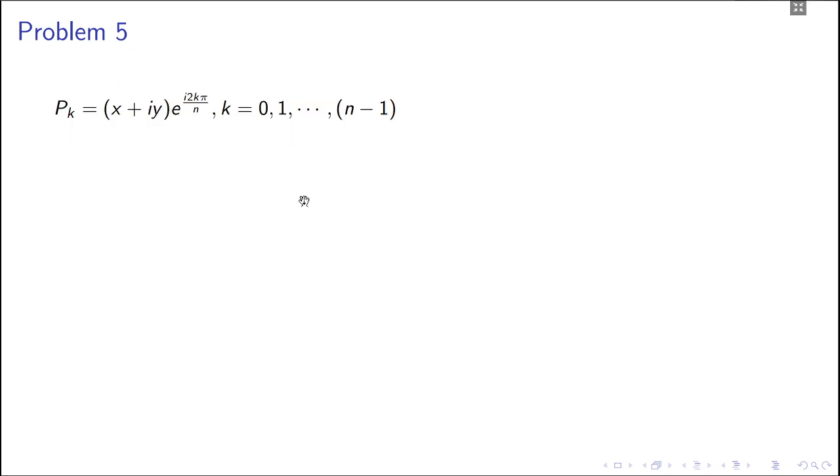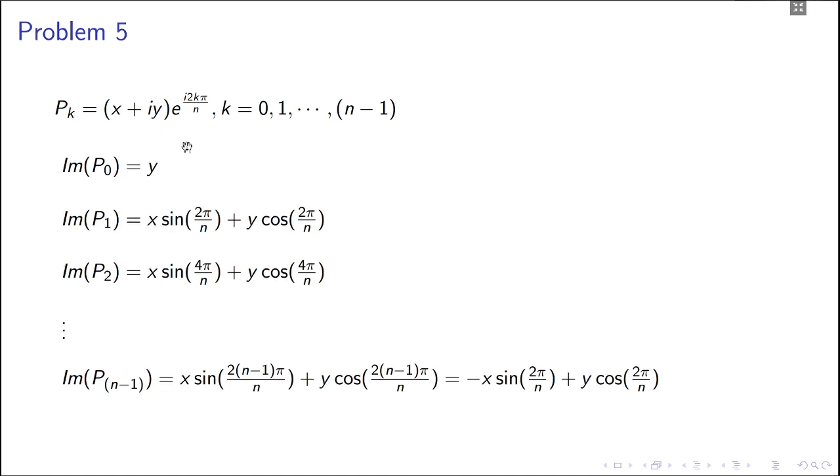So these are the coordinates. You can write your polygon in this form. And if you take the y coordinates, for the first one you put k equal to 0, so it will be just y. So the y coordinate will be the imaginary part. So you have to look at all the imaginary parts. They all have to be distinct integers.